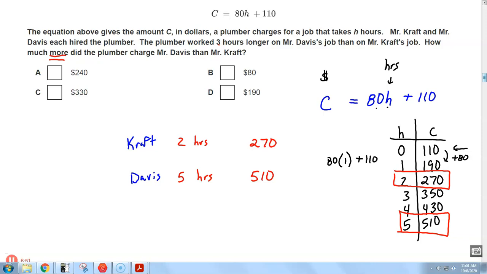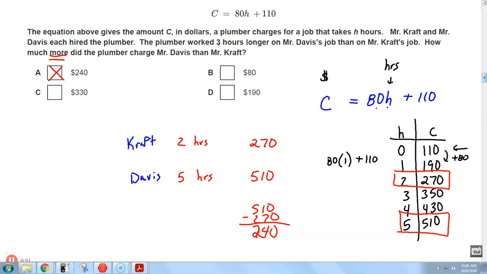So if I want to know how much more, I subtract those two. 510 minus 270. It looks like it's going to be 100, actually, check that, $240 would be how much more. So the correct answer is right there, 240.